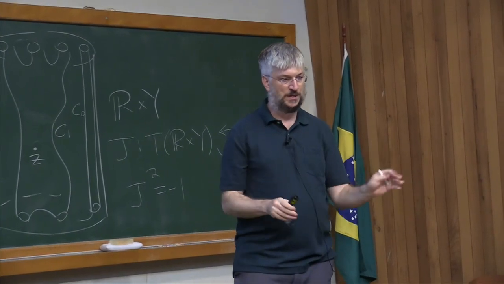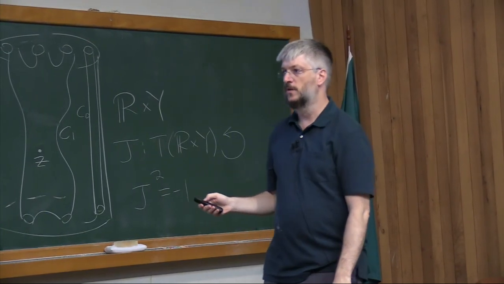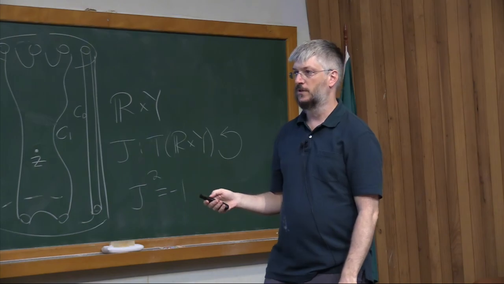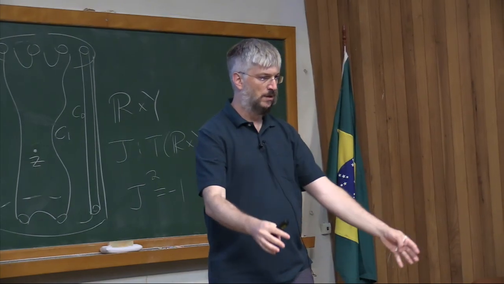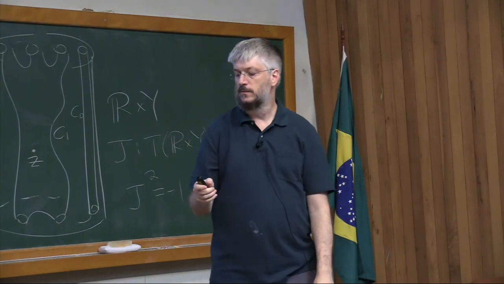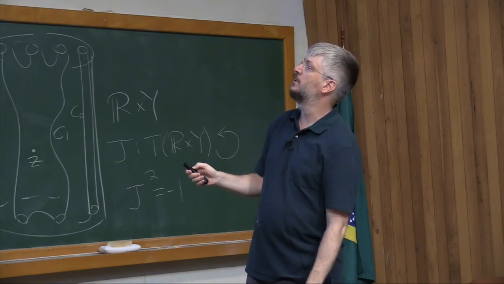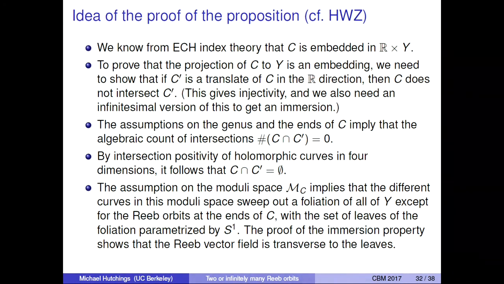How do you prove that it doesn't intersect its translates? Well, you can do an algebraic count of the number of intersections of this curve with the translate. And if you use the assumptions in the proposition, you find that the algebraic count is 0. And then there's a very important property of holomorphic curves in 4 dimensions, which is that they always intersect positively.